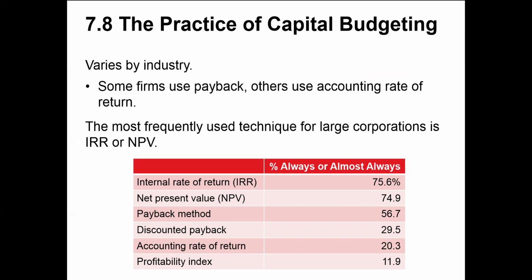Some firms prefer the payback period method. Some firms prefer NPV. Some firms prefer the internal rate of return criterion. Or some firms prefer just the accounting rate of return, because accounting information is the most accessible to get, right?